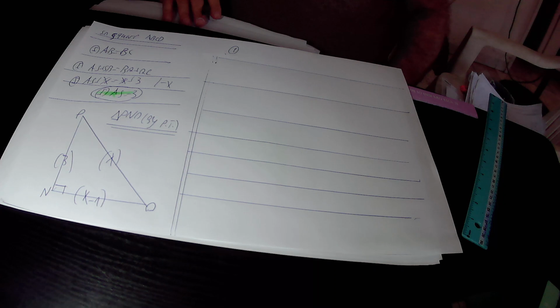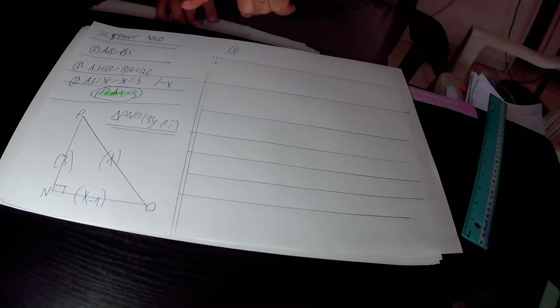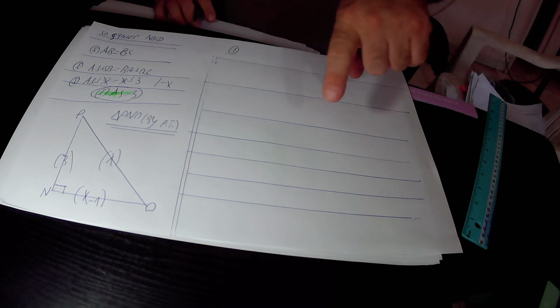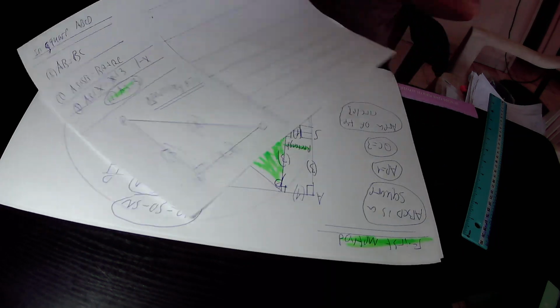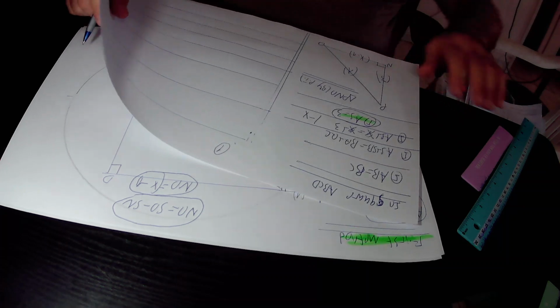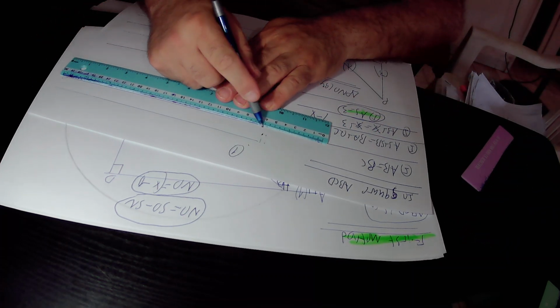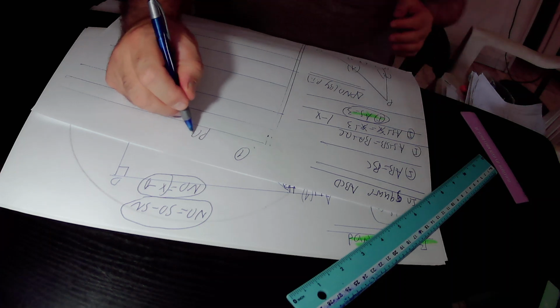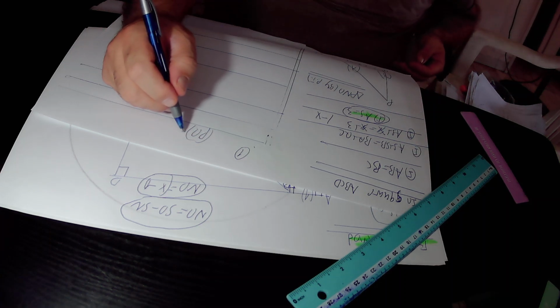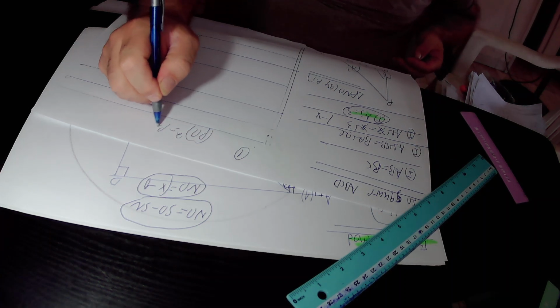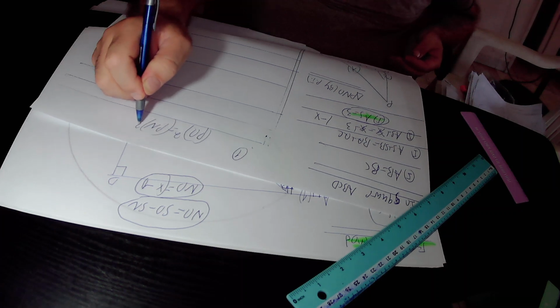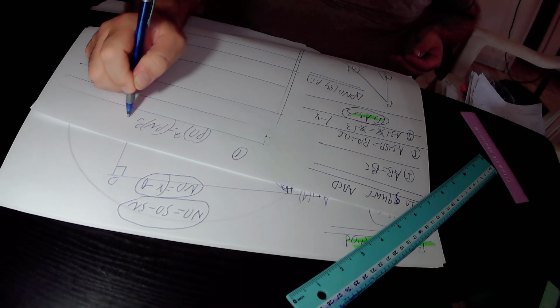According to the Pythagoras theorem, in this right triangle PNO, PO squared, that is the square of the hypotenuse, equals PN squared plus NO squared. So I write it down. PO squared, that is the square of the hypotenuse, is equal to PN squared plus NO squared.